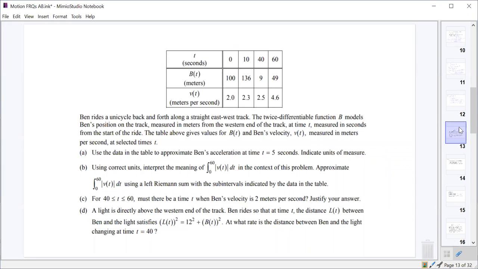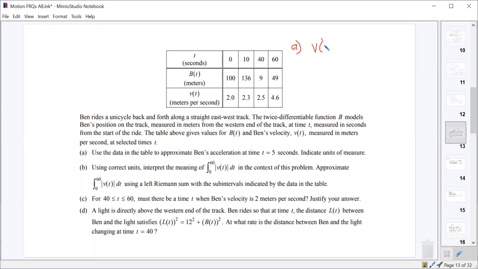In order to do that, all we have to do is the average rate of change of the velocity from 0 to 10.